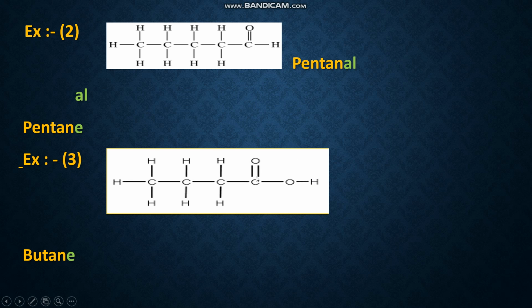COOH. What is the functional group? Carboxylic acid. So how to name a carboxylic acid? We have to give the suffix. What suffix should be given? OIC acid. We have seen already. So in butane, E should be replaced by OIC acid. So the name is butanoic acid. The name of this compound is butanoic acid.